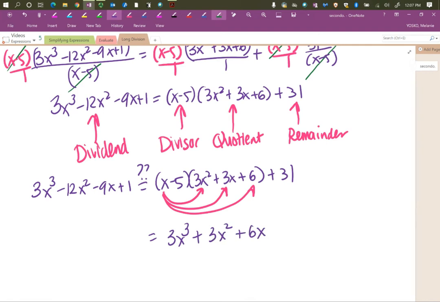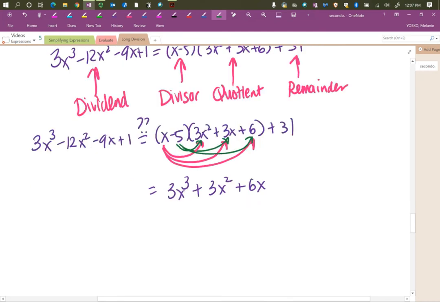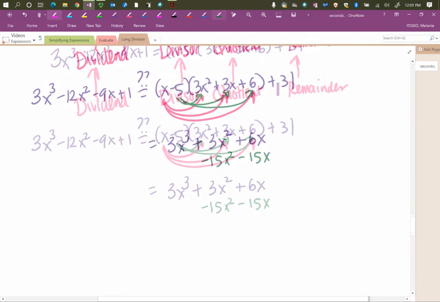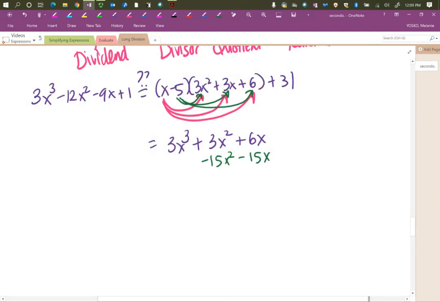Then we're going to take the negative 5 times everything in this back expression. And I'm going to go ahead and line these up so they're easy to combine in a moment. So negative 5 times 3x squared, that's negative 15x squared. And then negative 5 times positive 3x, that's negative 15x. Then we have negative 5 times a positive 6, and that's a negative 30.